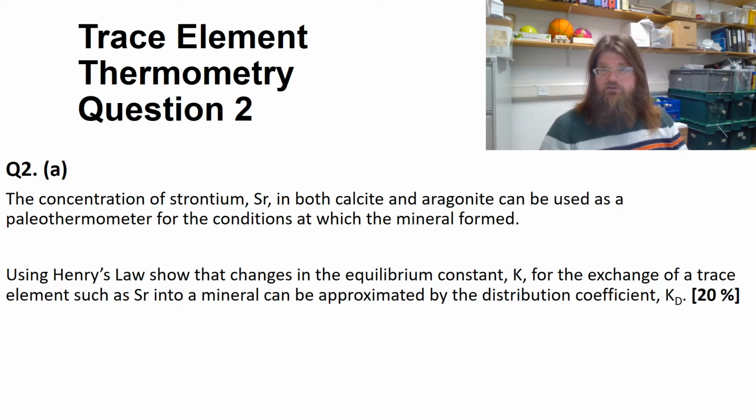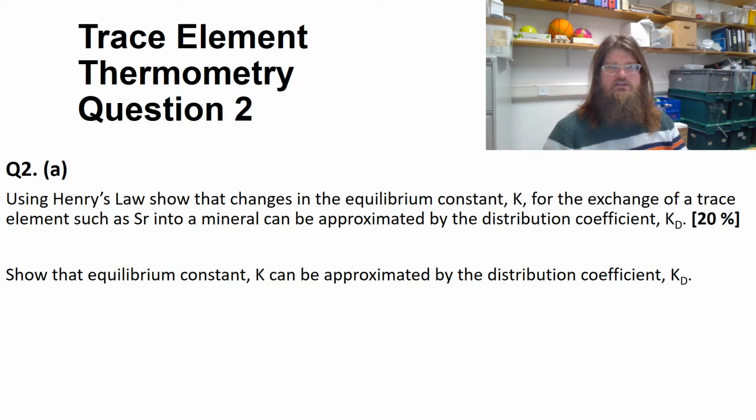So looking at the first question, again, just moving this up. Using Henry's law, show that changes in the equilibrium constant, K, can be approximated by the distribution coefficient, KD. So that's what we're asking.